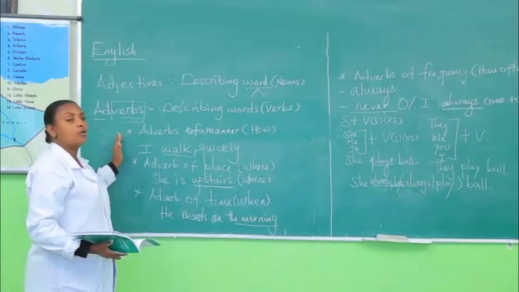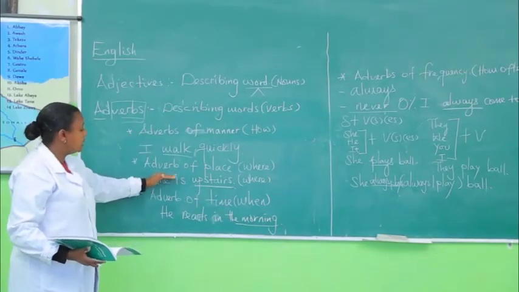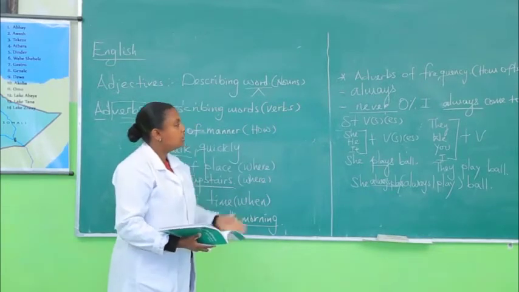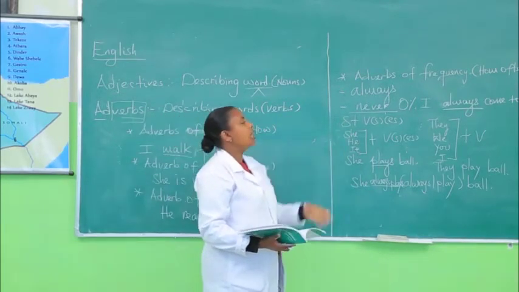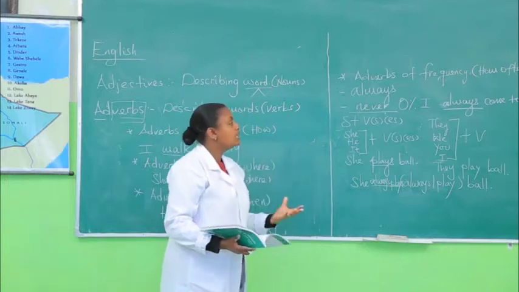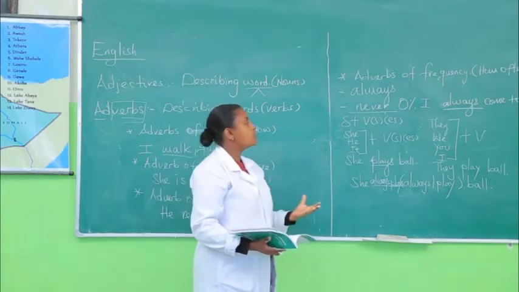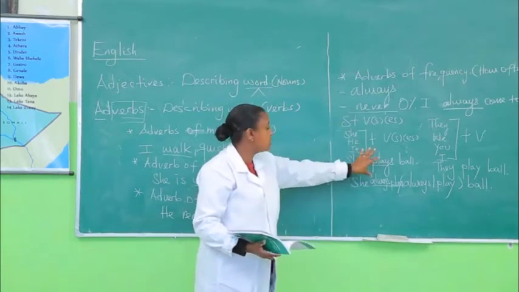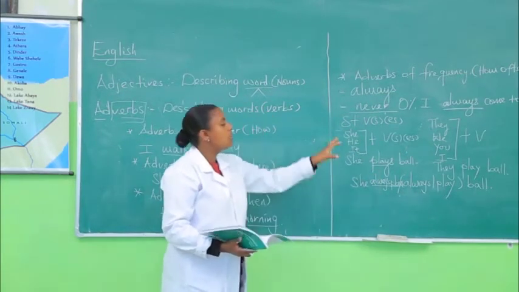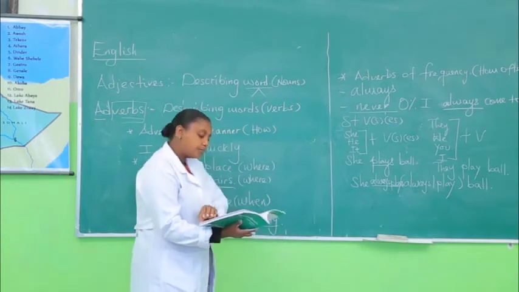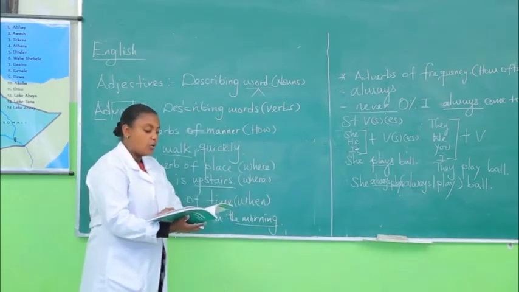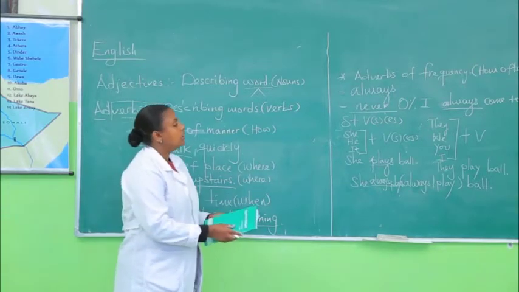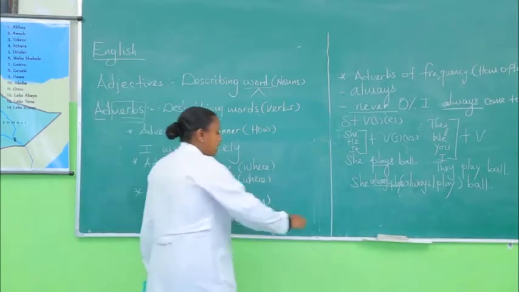We have seen types of adverbs: adverbs of manner, place, time, and finally we had a good detailed discussion on adverbs of frequency. With what tense are we going to use adverbs of frequency? With simple present tense. And what is the form of simple present tense? With singular subjects and plural subjects. We have seen it, and we tried to do the questions. So you are going to practice this at home. This is all about adverbs.